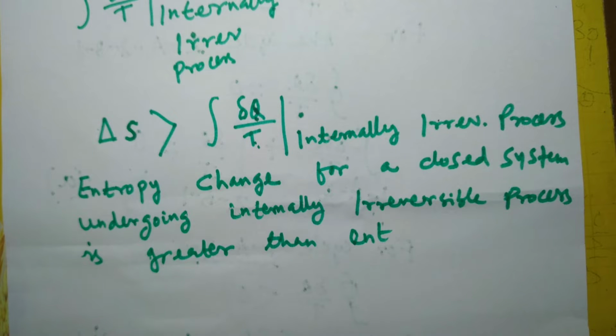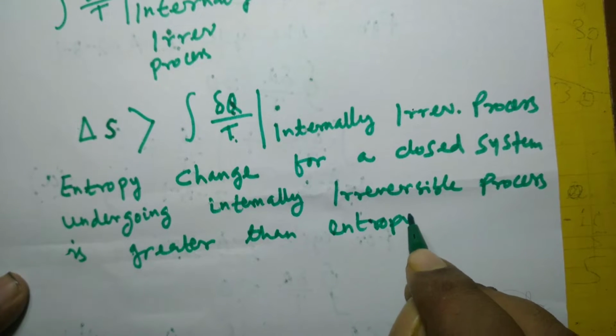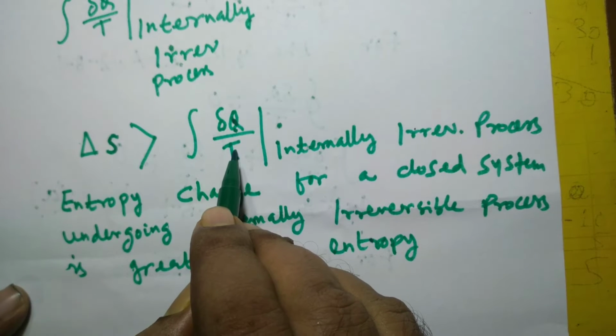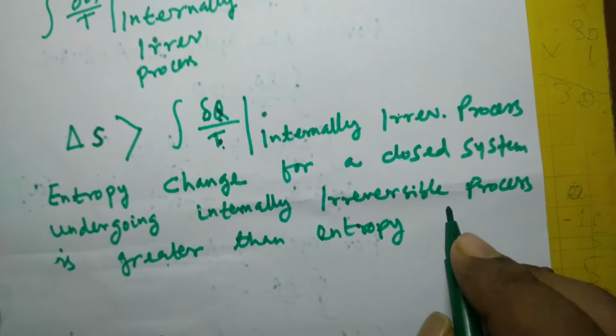When heat is rejected by the system to the surroundings, entropy transfer is negative, that is, there is a transfer of entropy from the system to the surroundings. The entropy transfer is always calculated by integrating del Q by T over the reversible process between two end states.